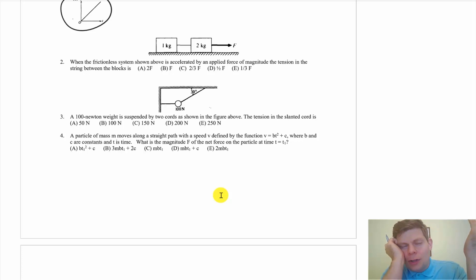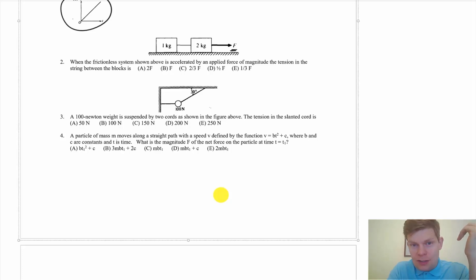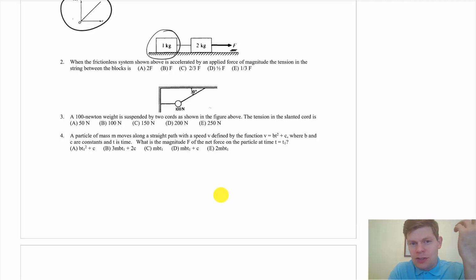A lot of the time, the way I think of it is this force is pulling everything, and everything's going to accelerate at the same rate because it's tied together. So kind of like, what fraction of the total force does this guy need to get so it all accelerates at the same rate? This is 1/3 the total mass, so it's going to need 1/3 the total force. So this is going to be 1/3 the total force. So that's one way of looking at it.